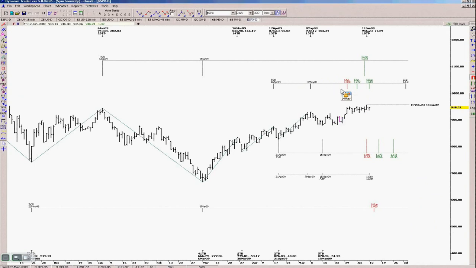Yeah. Also, there's one thing. When I'm running these timing cycles, I'm doing trading day projections. But when I get into the histogram, the program shifts it into calendar days.